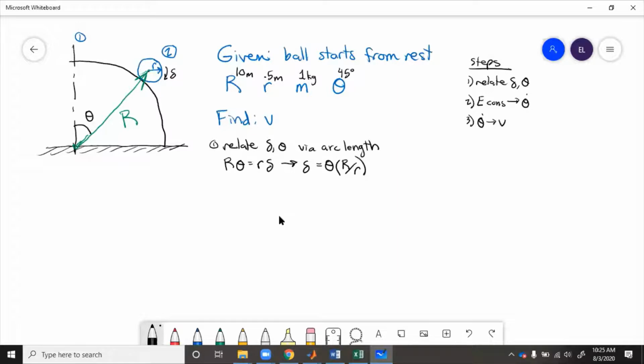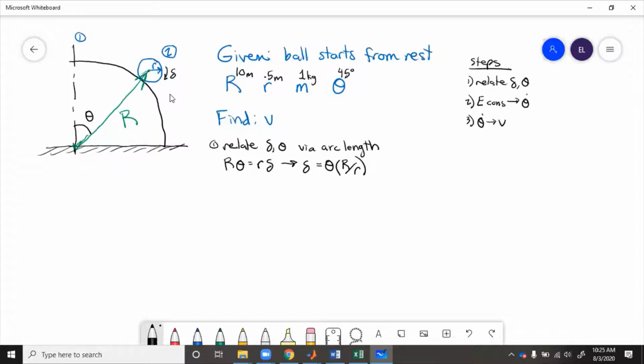In a reality check here, we know that since big R is bigger than little r, delta is going to be bigger than theta. And that should make sense because the ball is going to spin around itself a lot more times before it gets to the bottom. It's going to travel over this quarter circle, but it's going to have made lots of revolutions.